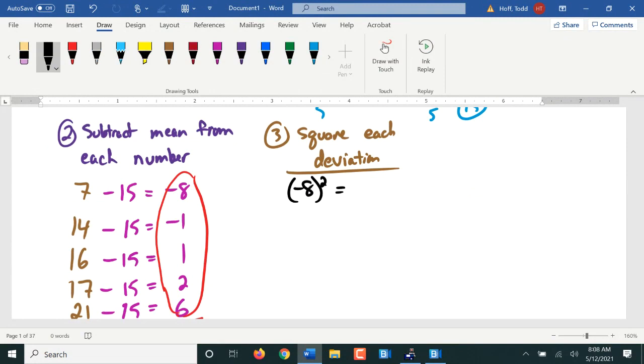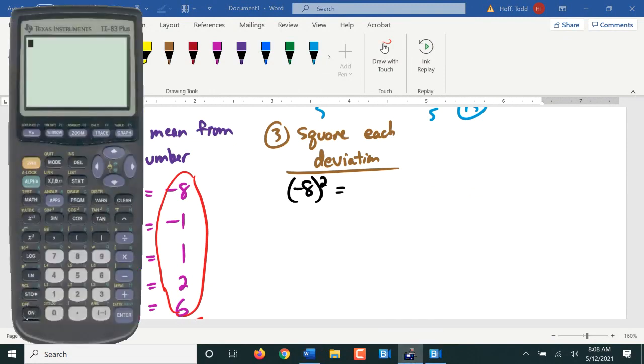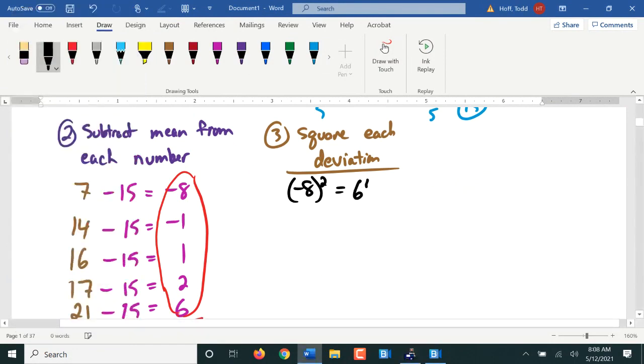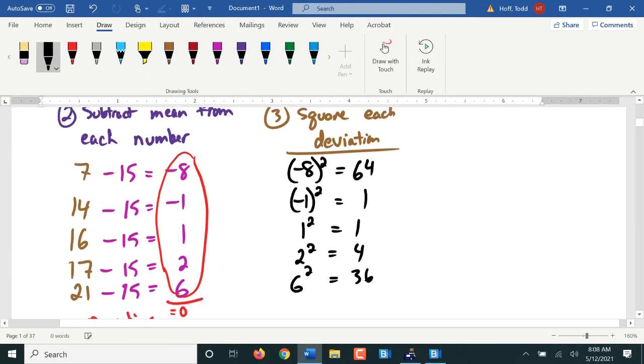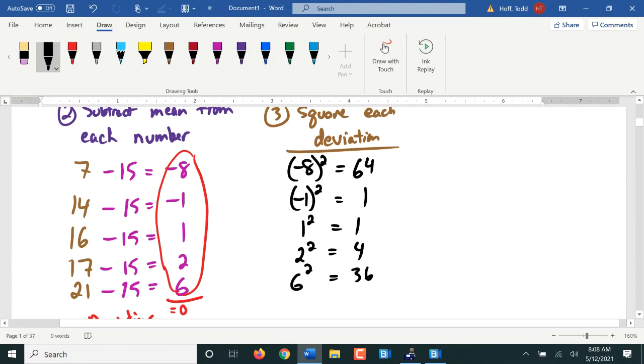If you enter that incorrectly, your calculator is going to try to tell you that that's negative 64. When you do it, you've got to put it in parentheses. You square negative numbers. Positive 64. Negative 1 squared is positive 1. 1 squared is 1. 2 squared is 4. And 6 squared is 36. Those are the squared deviations.